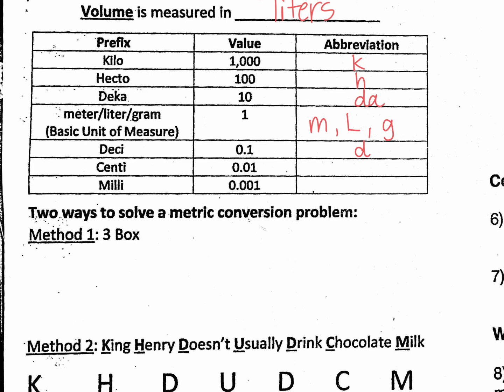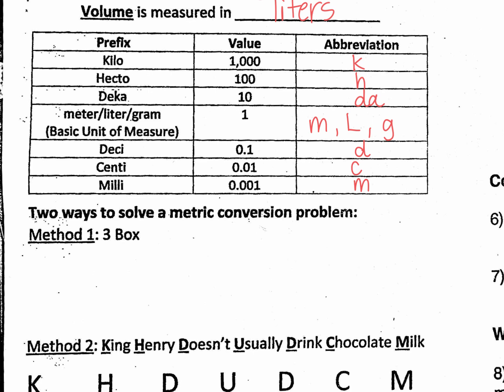Then I have the centi, which sounds kind of like century, or a centipede, which helps you to remember that it represents 100. There are 100 centimeters in 1 meter, and we represent centi with a lowercase c. And then milli is represented with a lowercase m.